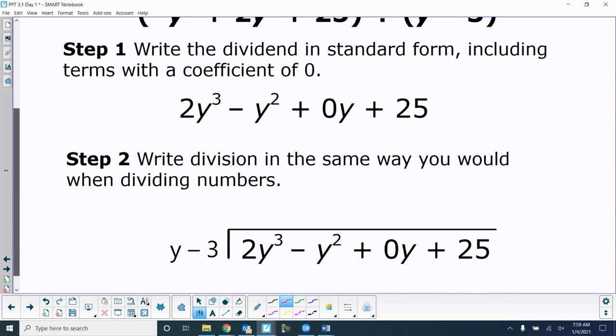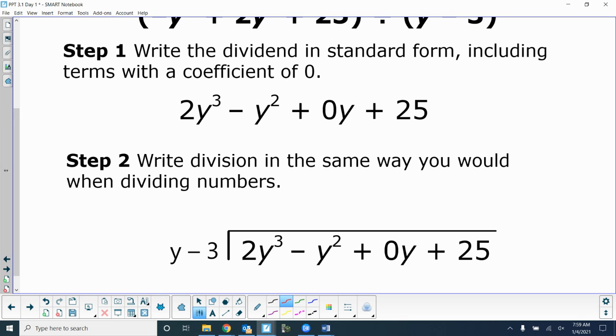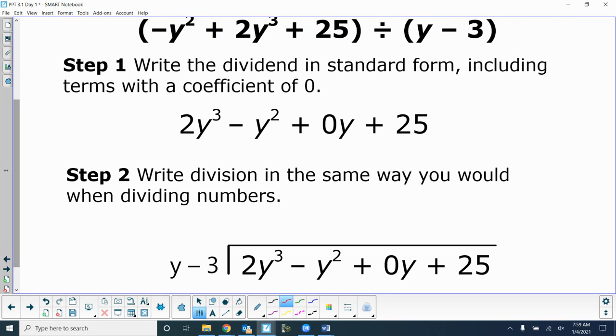So that's what the problem looks like when you do the long division. Any questions on the setup? We good so far? Okay, so on the next slide, I got it all set up.